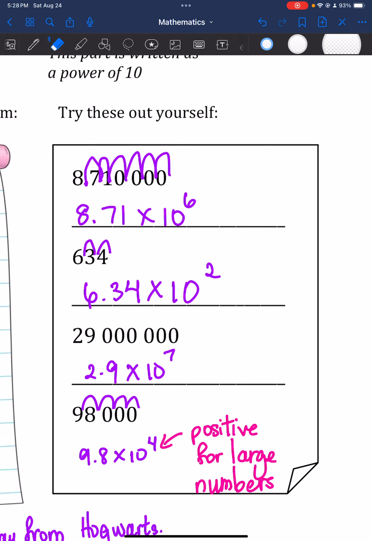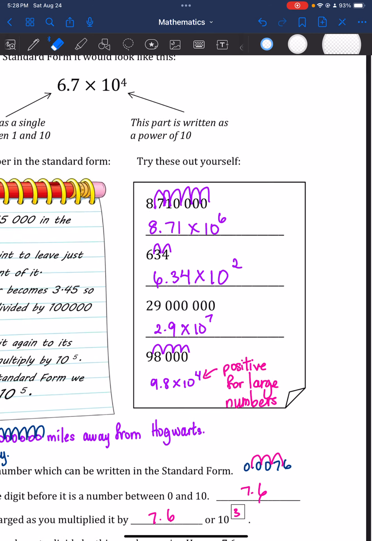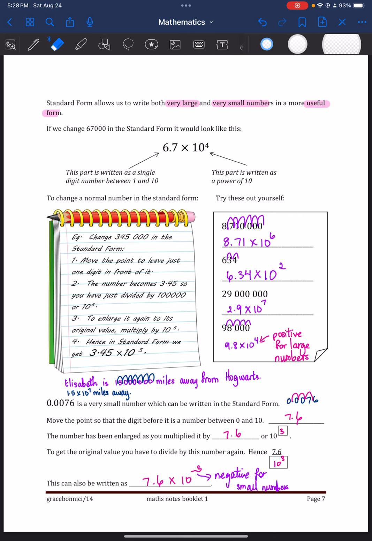So hopefully you understand better now. And you have the example with Hogwarts down here. And we had a question just like this in the assignment, which I see you didn't manage to get correct, but I put the answer next to it, right? So don't worry about that.